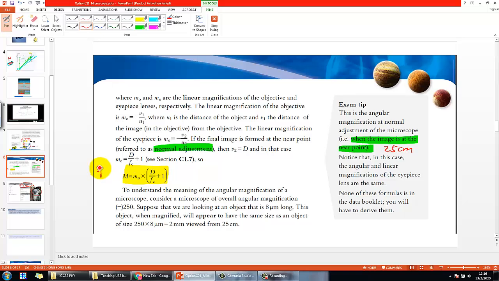So be careful, this is a special case. You may want to put it down. Special case as in when you are having the near point. And once again, I want to reiterate to you as a big picture that when you learn physics, you need to figure out and be very clear about the equation, whether they are the general case or a special case.